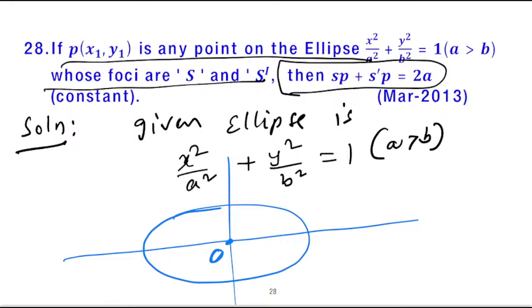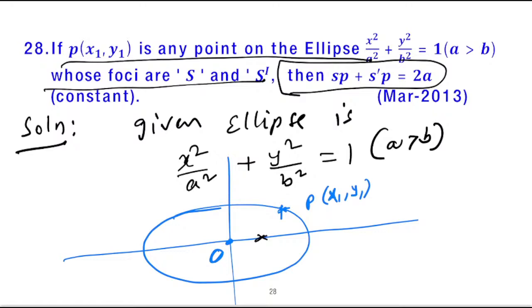Okay. So what it says basically, can you observe very carefully? What are the foci? P is any point. You can take P as x1 y1. Write that in the solution. Let P be x1 y1.